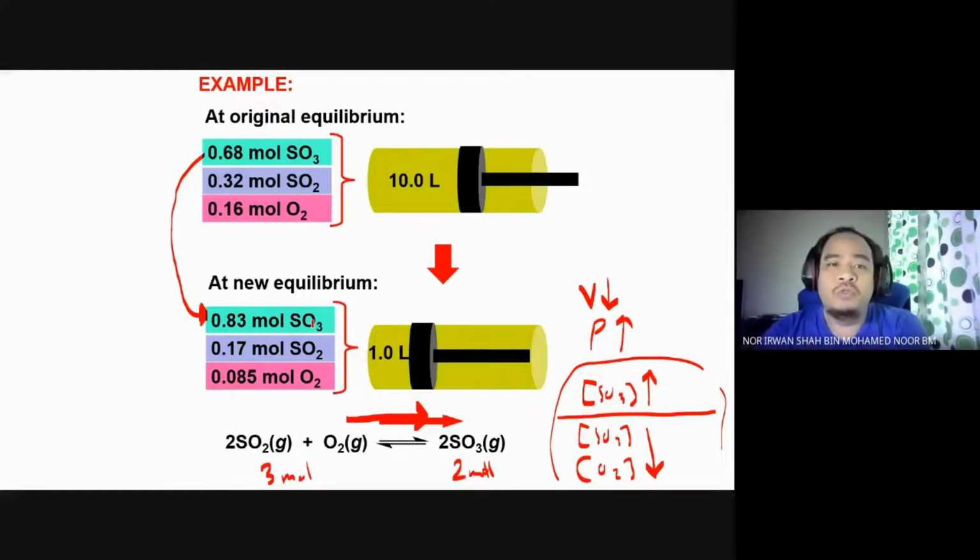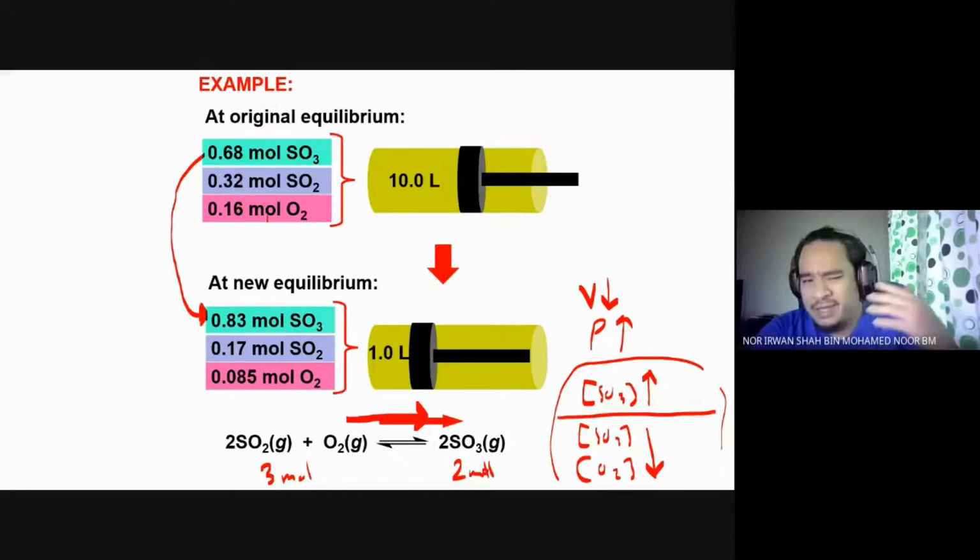And what happened to SO2 and O2? At the initial equilibrium, the moles of SO2 is 0.32, but at the new equilibrium it reduces to 0.17. Why?